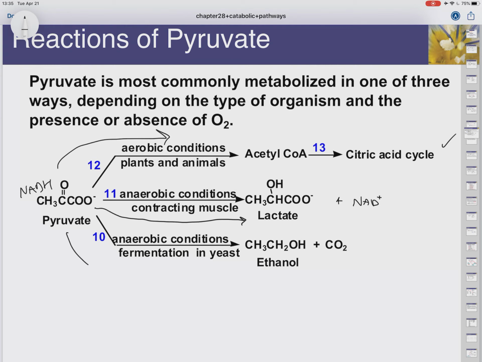And they take pyruvate, they remove a carbon from it initially in a decarboxylase, and then an alcohol dehydrogenase reduces that product into ethanol. And so there's, I think, two reactions that happen there. But ethanol is the product. And again, the purpose of that is to get that NAD+ again so that it can go do its job. Okay, if air is present, then we're going to make acetyl-CoA.